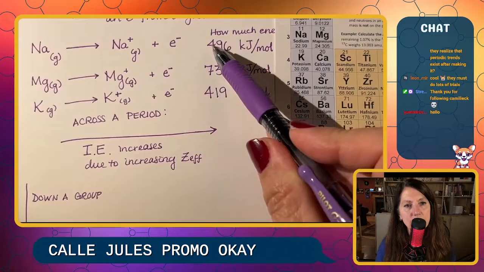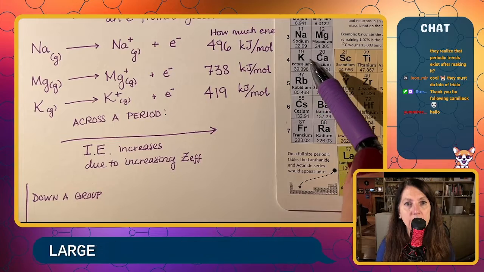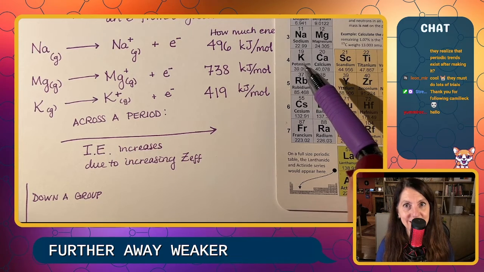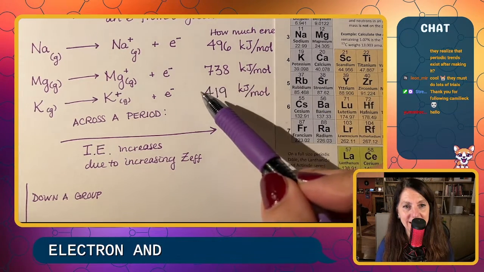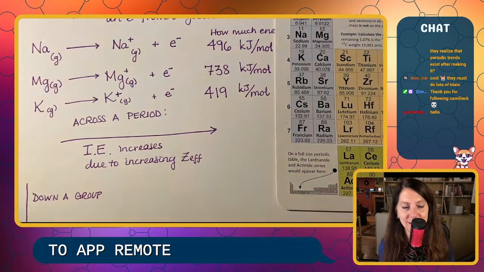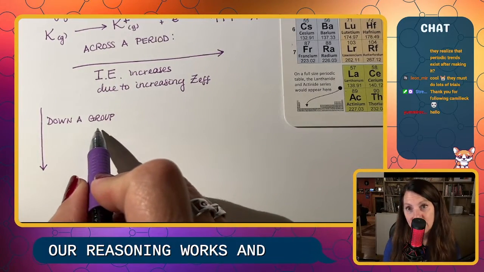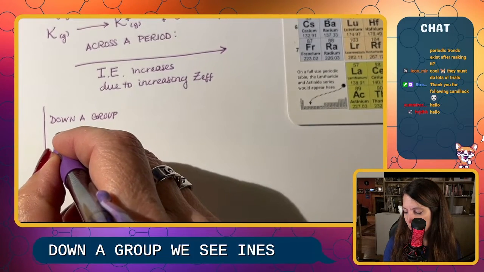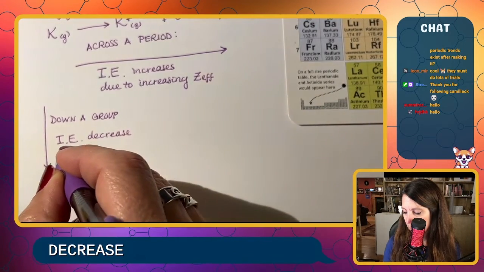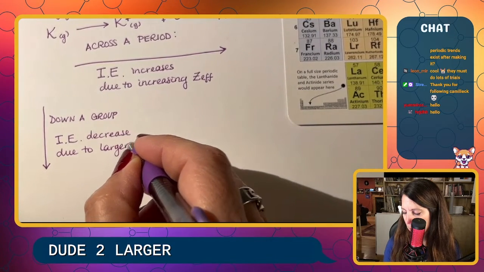Okay, so 496 for sodium, down a group, larger atom, electron further away, weaker attraction to the nucleus, easier to remove that electron, and indeed 419 kilojoules per mole. All right, so our reasoning works. And so down a group, we see ionization energies decrease due to larger atomic radius.